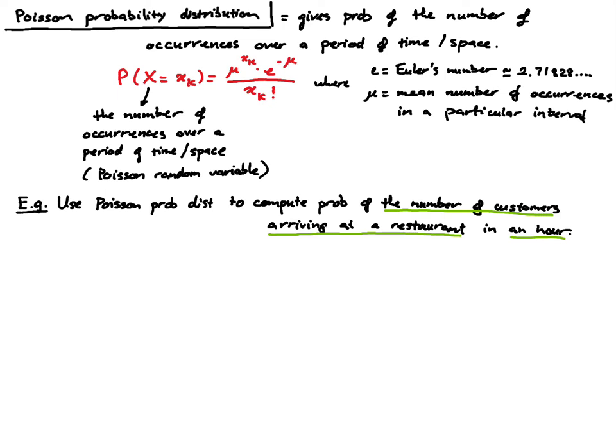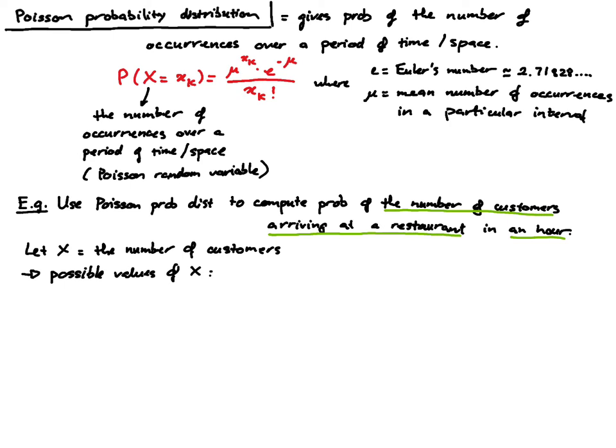So now let's say I let x be the number of customers. Let's think about the possible values of this variable x. Think about a restaurant.